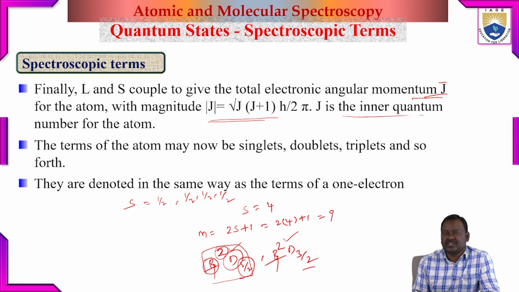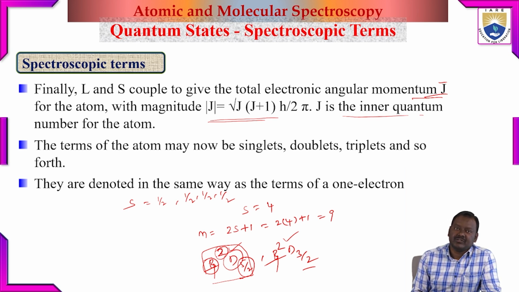All these things can be indicated in the spectral term. So this type of indication or notation is used for distinguishing energy levels for any atom, either it is a single electron atom or a multiple electron atom.